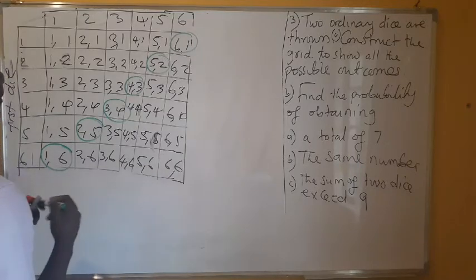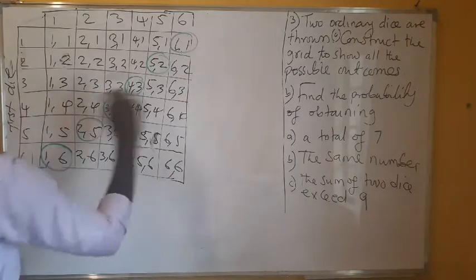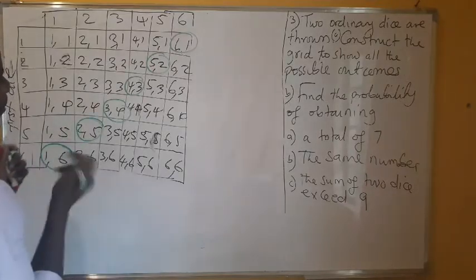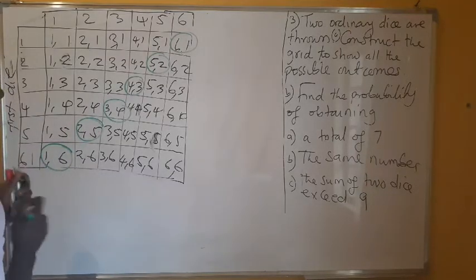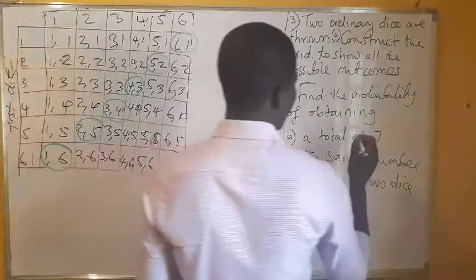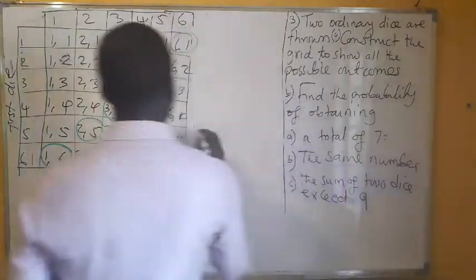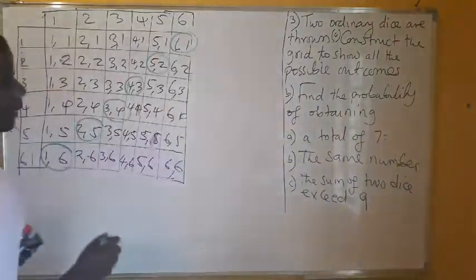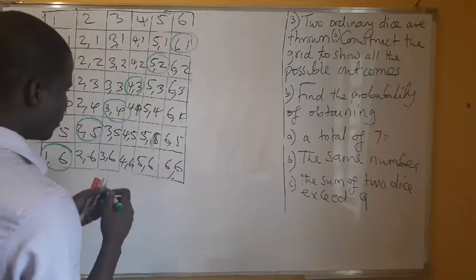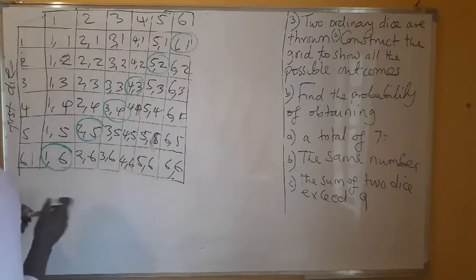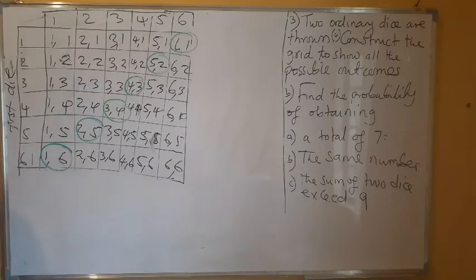Let's check. So the probability of obtaining a sum of 7, a total of 7, which is a sum of 7. This total of 7 is the same as sum of 7.